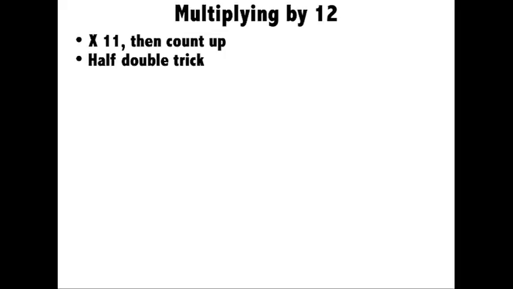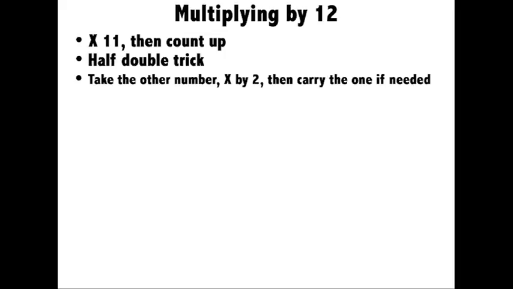There's another trick I'd like to show you when multiplying by 12. You'll take the other number, multiply it by 2, then carry the 1 if needed. Let me explain. Let's use the example of 12 times 8. I'm going to take the other number I'm multiplying by, which is 8, and I'm going to multiply that number by 2.